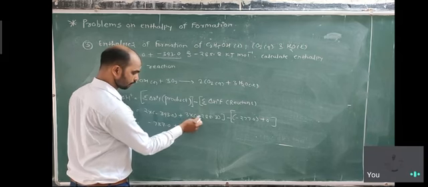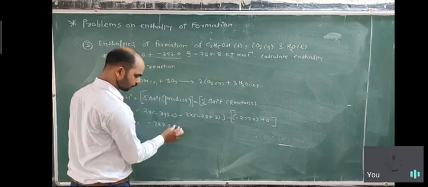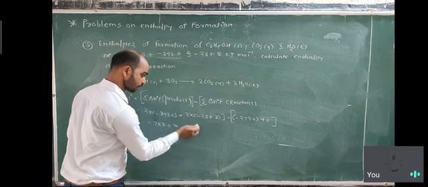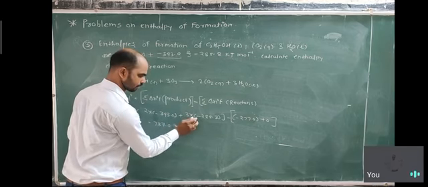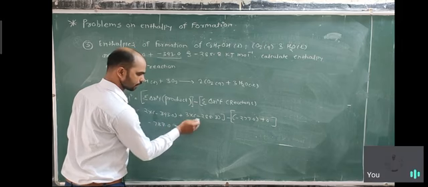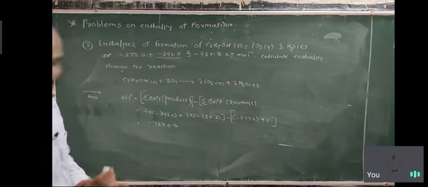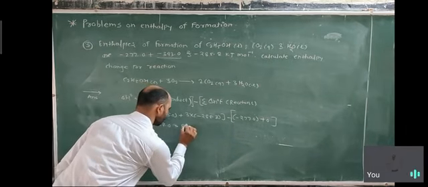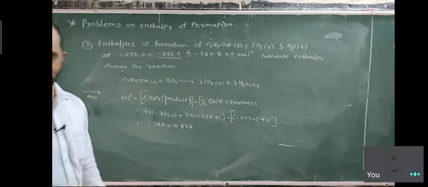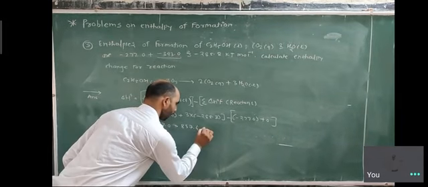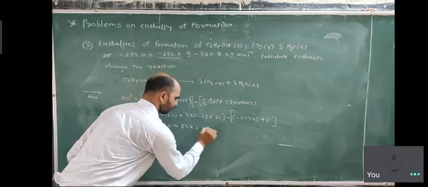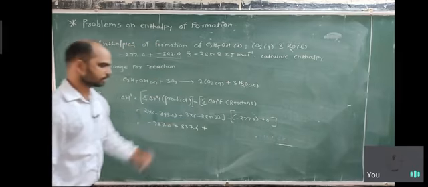So here we consider minus for this one, not plus, this is minus. We just write the answer here. So the answer is 3 into minus 285, the answer is minus 857.4.